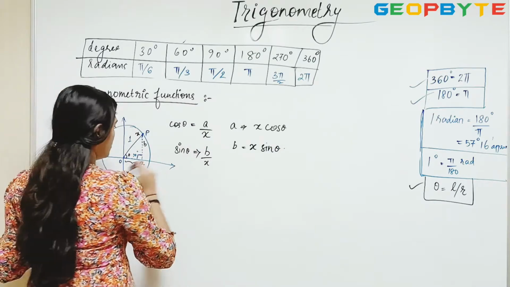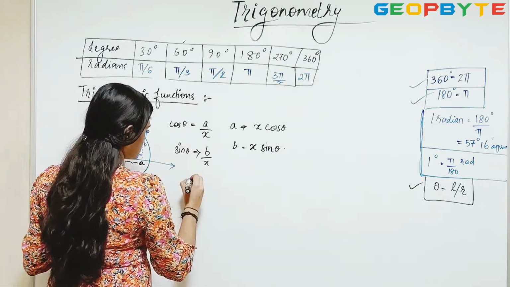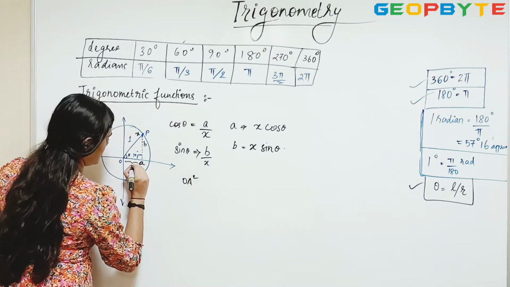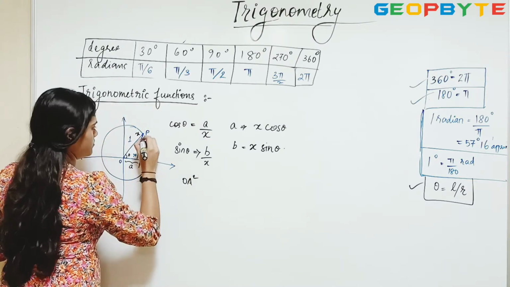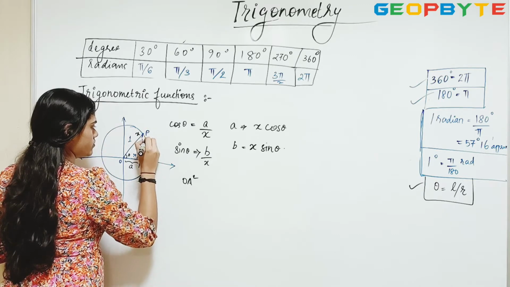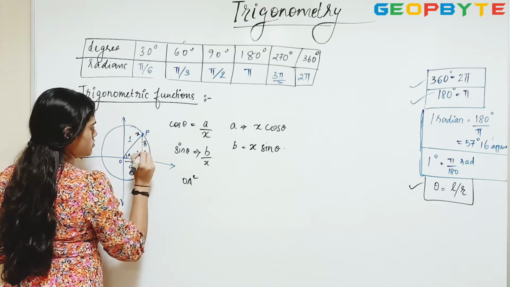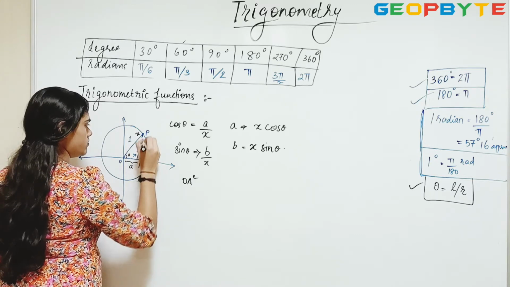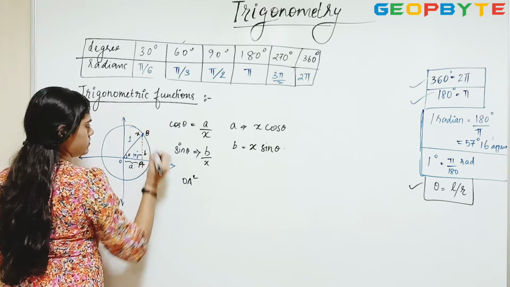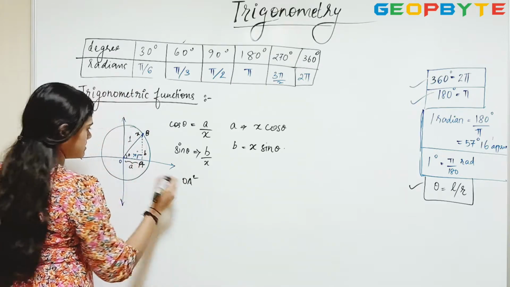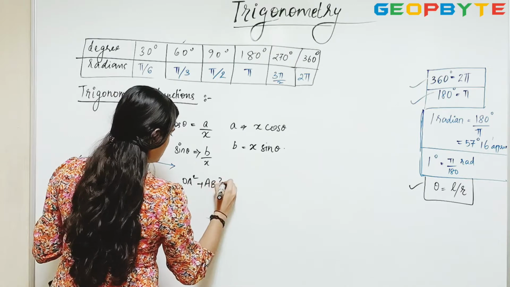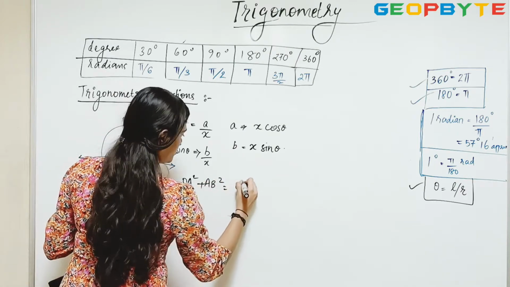Okay, then what does my Pythagoras theorem say? OA, I'll put this capital letter B, this is small b. OA square plus AB square equal to OB square.